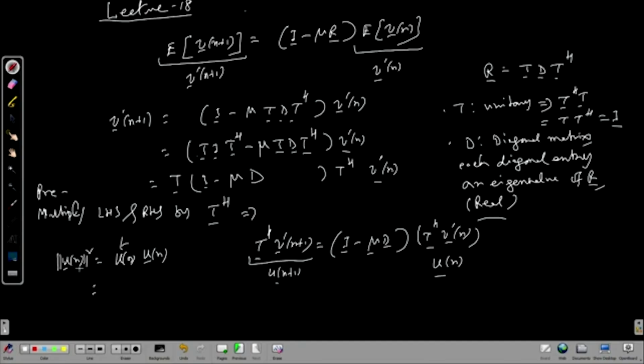In fact, instead of transpose I can also write H, though they are all real. So, Hermitian transpose is ordinary transposition, but since I am following H here, let me be consistent.